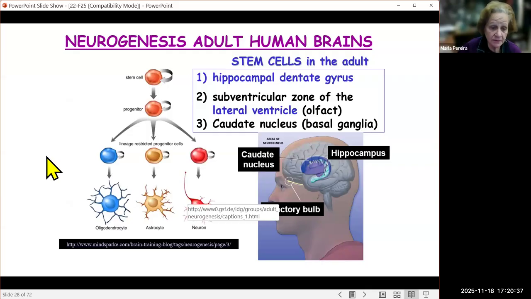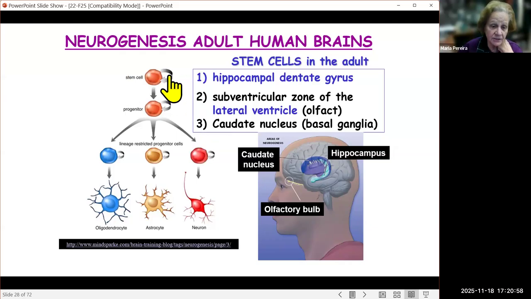And in humans, it seems that there is some hope that we have some stem cells, some precursors, especially at specific sites, for example, the hippocampus, that is involved in short-term memory, near the olfactory bulb, and also in the basal ganglia.